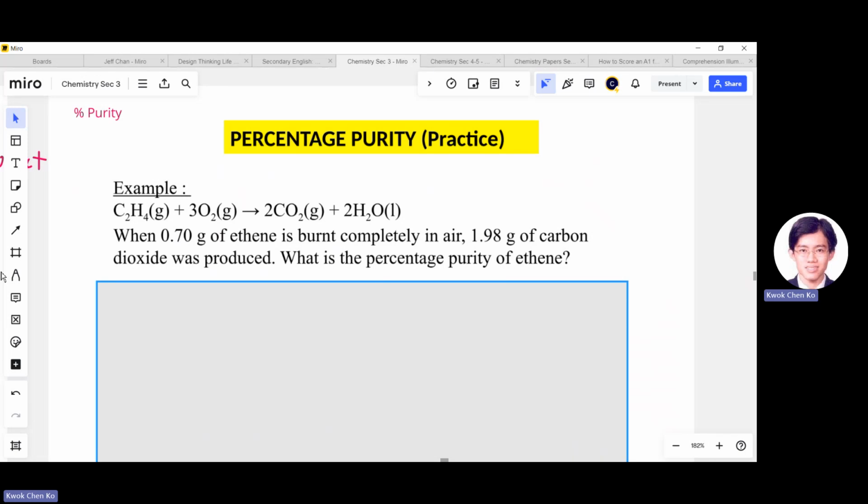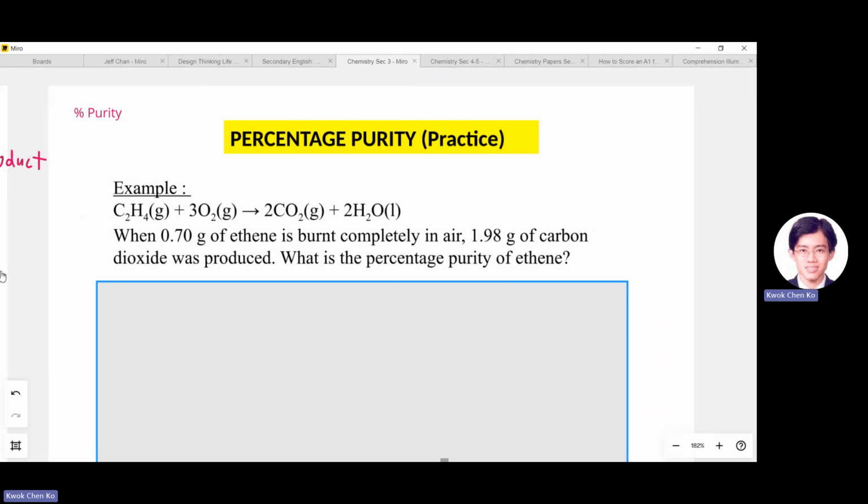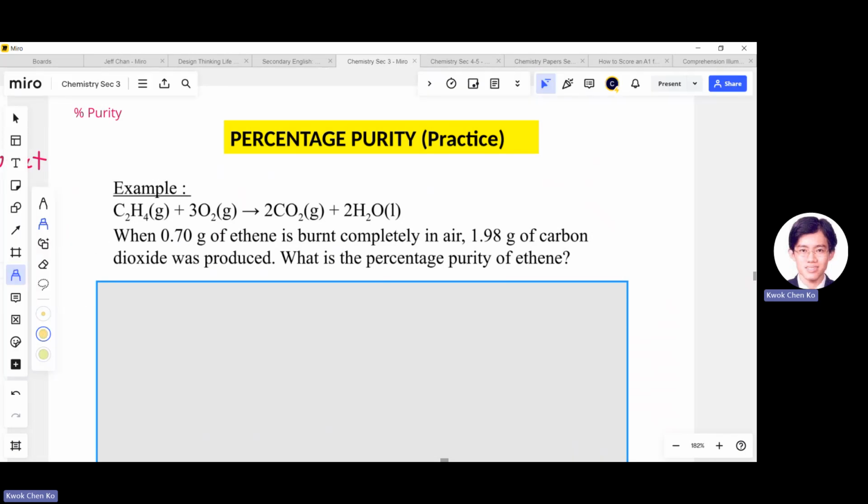I hope you catch a few clues here. I want to emphasize this phrase, burn completely. You know what's the implication when they say burn completely in air? Limiting. Yes, good. This is limiting. And of course, that means your oxygen is in excess.